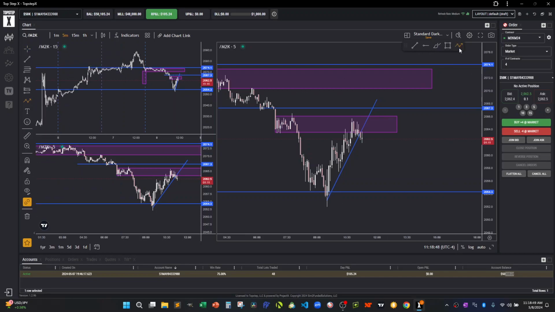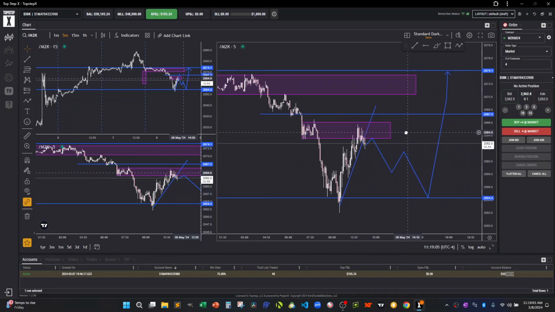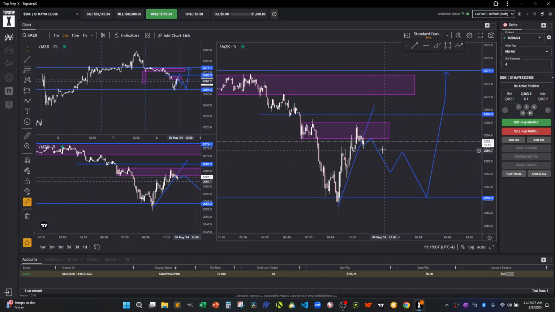But basically, I'm just going to say, all right, I'm thinking it's going to come up here, come down here, might go down like that. So that I will draw out something like that, and then wherever there's going to be points, that's probably where I'm going to be guessing at my trades, and you can kind of see that ahead of time, and then I'll just update that as the day goes on and as the session goes on.